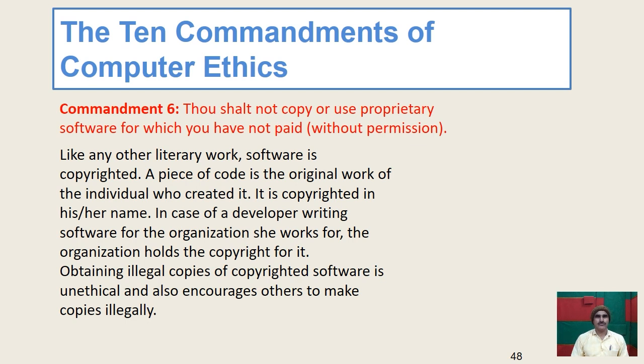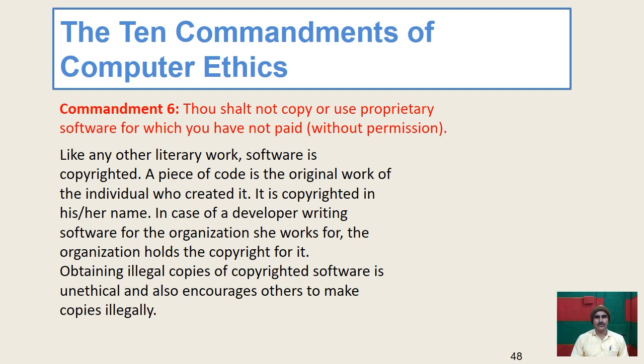Like that, a piece of code is the original work of the individual who created it. That is, the piece of code or program is owned by the programmer, so it is copyrighted in his or her name. In case of a developer writing software for the organization she or he works for, the organization holds the copyright for it.